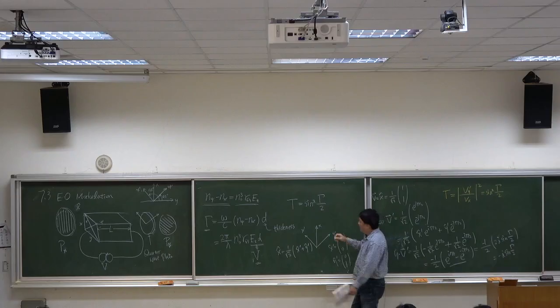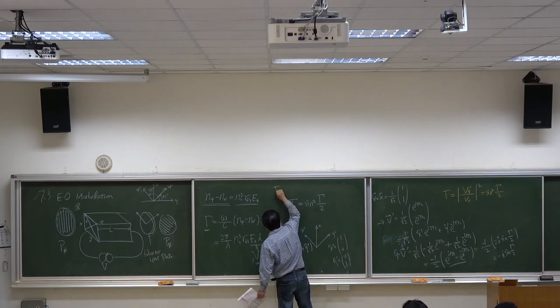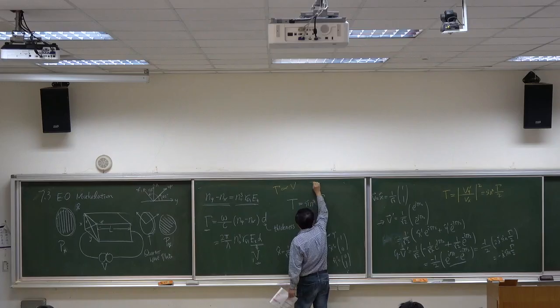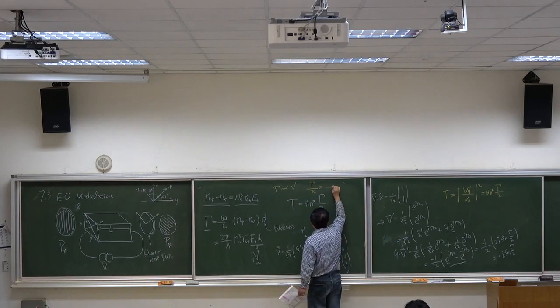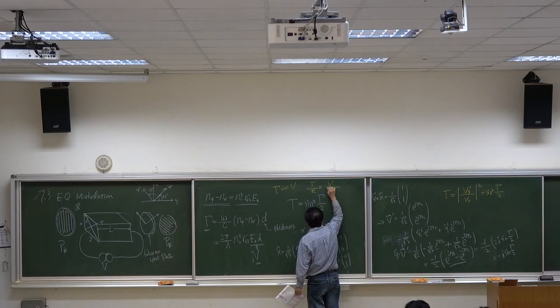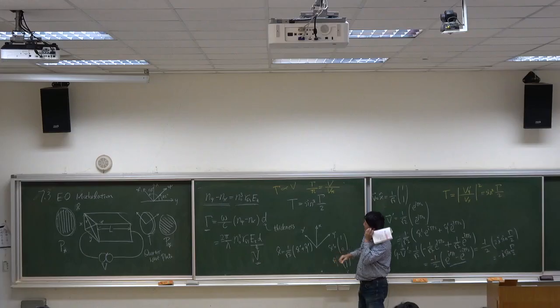And since gamma is proportional to V, so gamma over pi is equal to V over V pi.